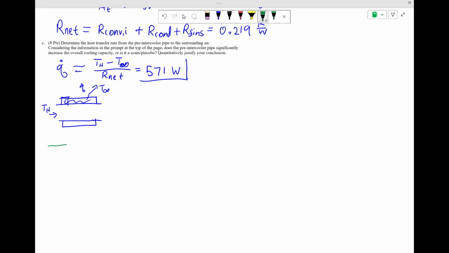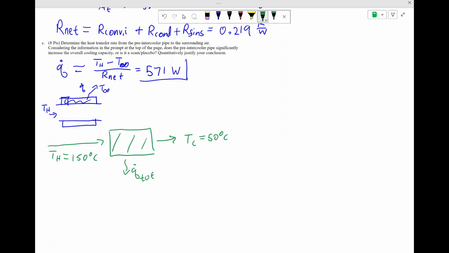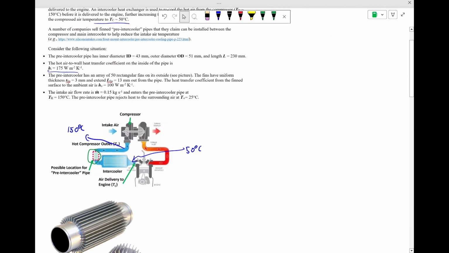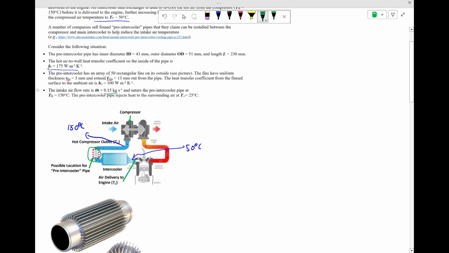So ignoring the pre-intercooler, we have that air coming in at TH. It's going through this larger heat exchanger, and that's getting rid of some heat. We'll call this Q total. And it's got to come out at TC, where we said TC was 50C, TH is 150C. And we said up here that M dot for this system is 0.15 kilograms per second.